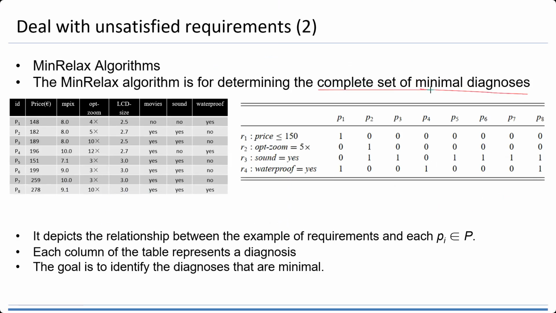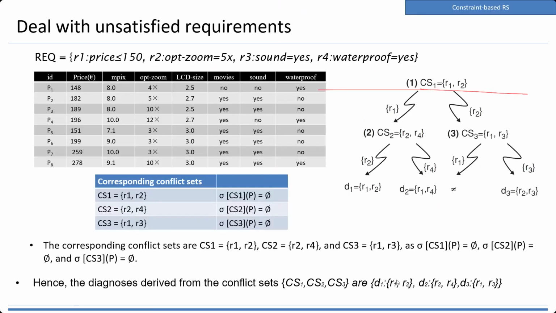We want to minimize the diagnosis that cannot give any solution. For example, here we have 3. So we want to reduce the minimum set that cannot give any solution.